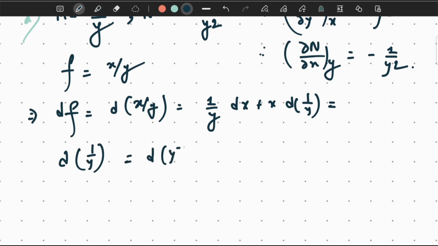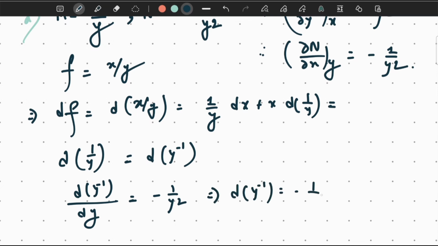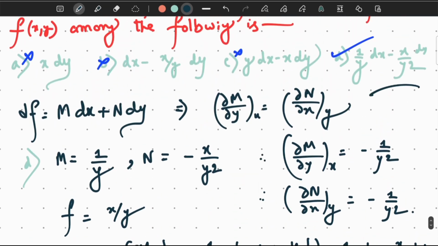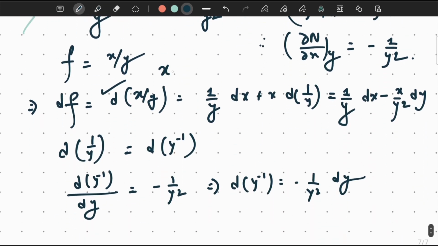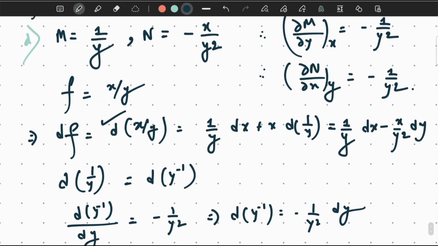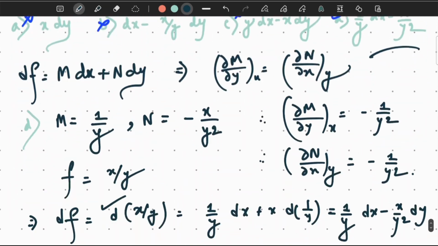It is eventually d of y to the power minus 1, and d of y to the power minus 1 is minus 1 by y square dy. So it will be 1 by y dx minus x by y square dy. So the same form. This is the x to the power 1, y to the power minus 1 form.